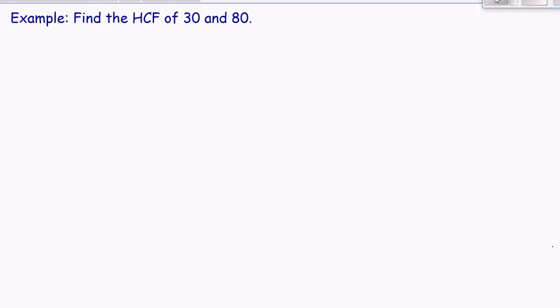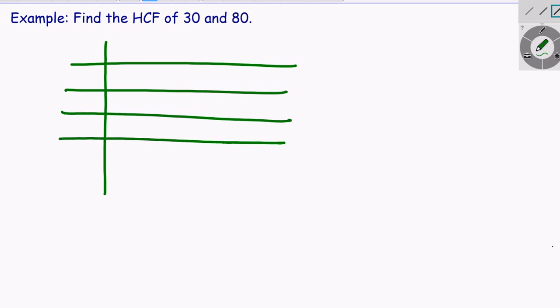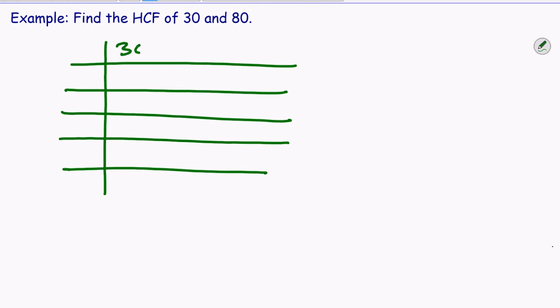We're going to find the highest common factor of 30 and 80. The first step is to draw the ladder. After drawing the ladder, we'll put 30 and 80 there.